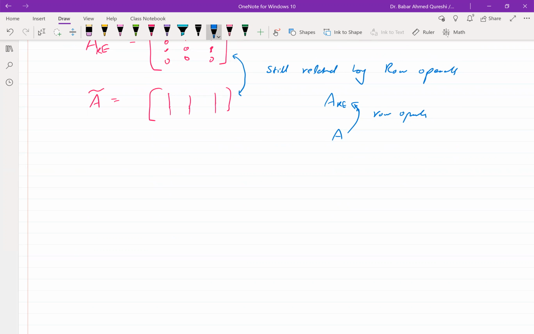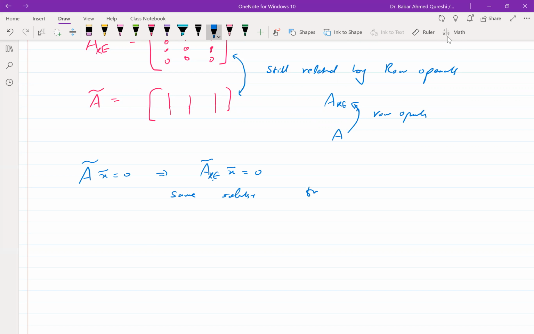Now, because they are related by row operations, this equation implies this equation. They have the same solutions, row or echelon doesn't matter.